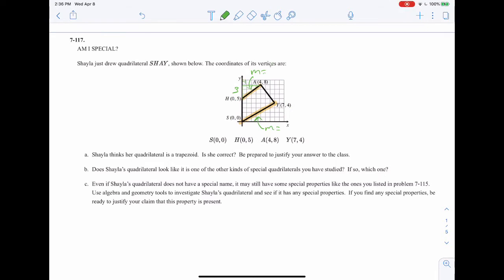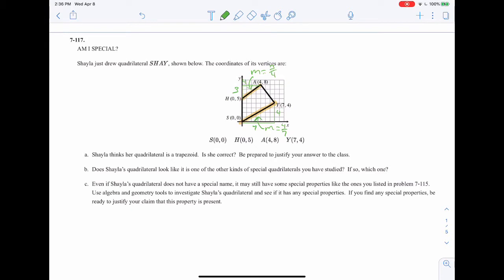So m equals 3/4. This line has a run of 7 and a rise of 4. So m equals 4/7.